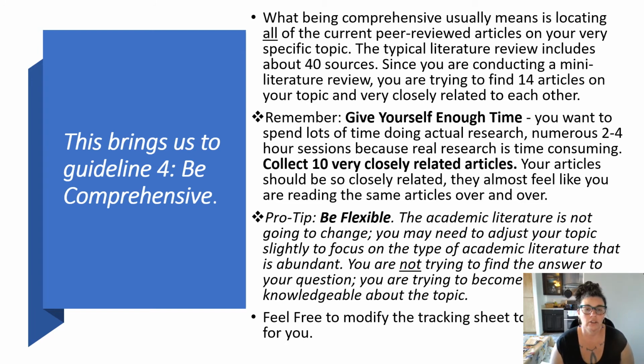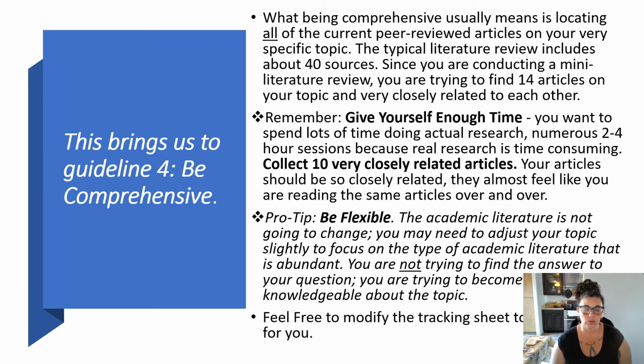If you look at the articles, you will notice that the typical peer-reviewed research article contains about 40 sources. So since you're going to be conducting a miniature literature review, you are going to be trying to find somewhere between 10 and 14 articles on your topic.